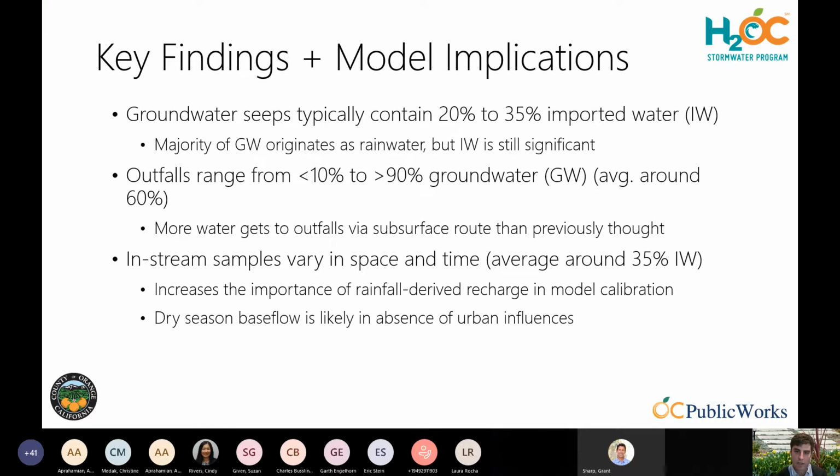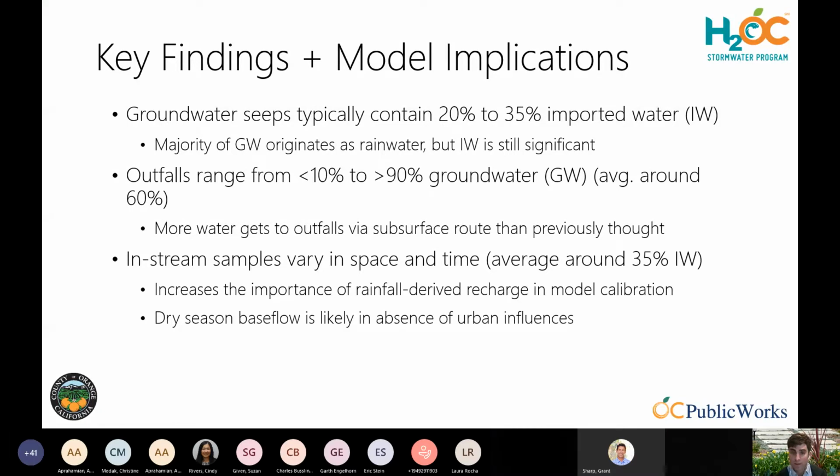That changes the hydrologic processes that we think dominate in this watershed. The in-stream samples show the same trajectory. It tells us that we should be increasing the importance of rainfall-derived recharge in the model, and reducing the importance of irrigation overspray to match the data we're seeing.